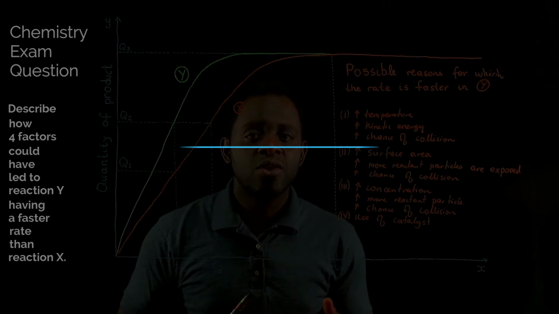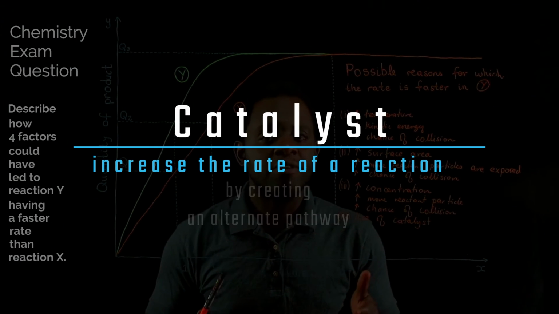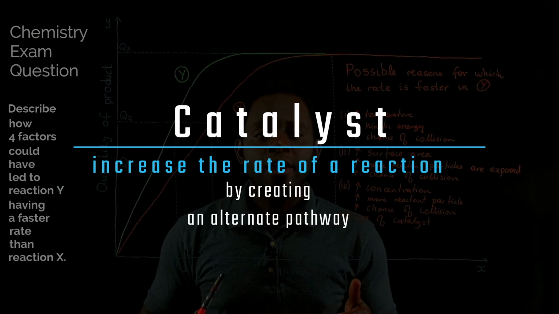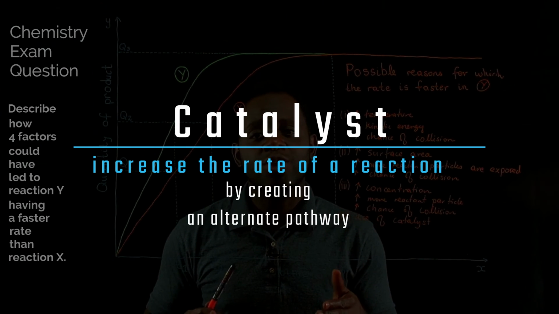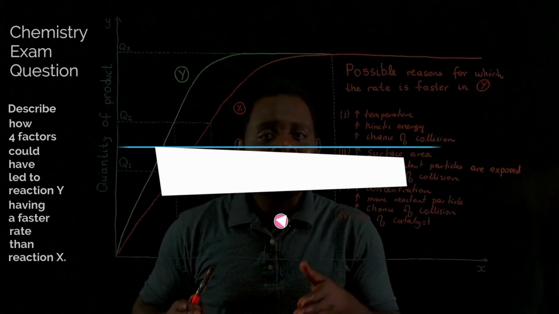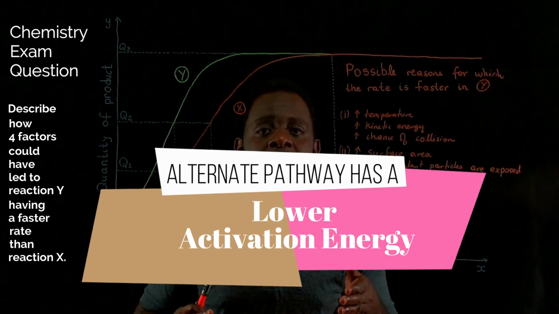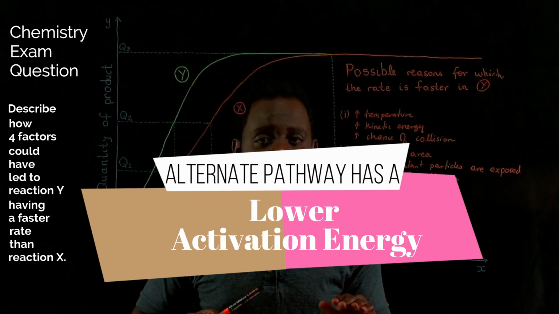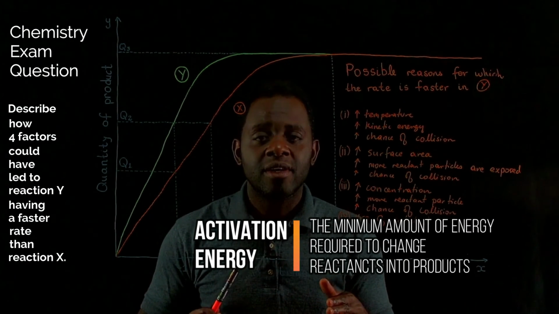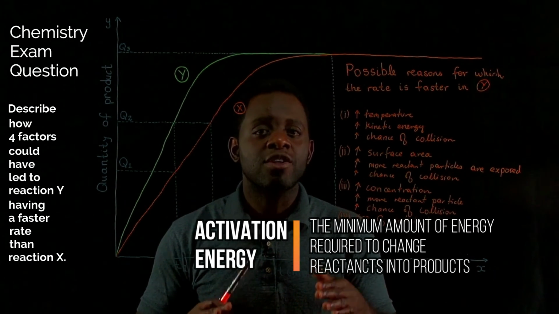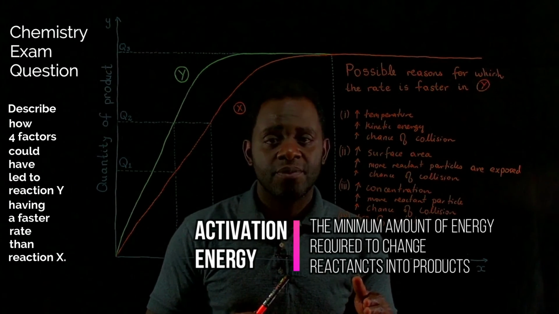Now, a catalyst would increase the rate of a reaction by creating an alternate pathway for the reaction to occur, where that alternate pathway has a lower activation energy, the minimum amount of energy required for reactants to be converted into products.